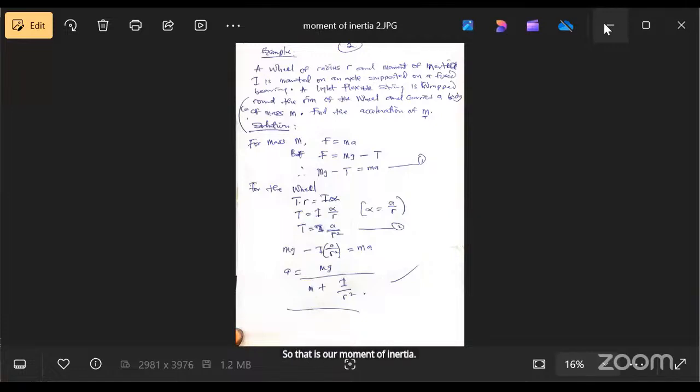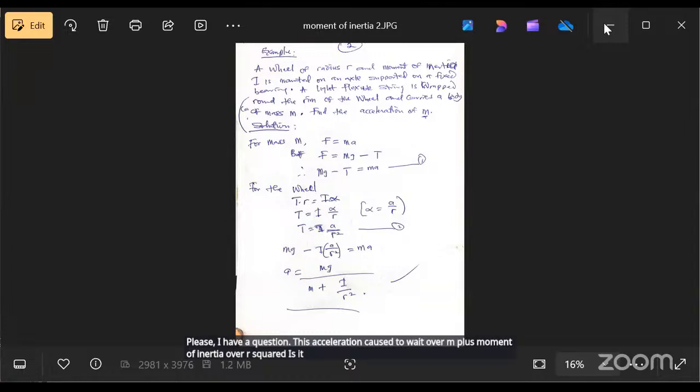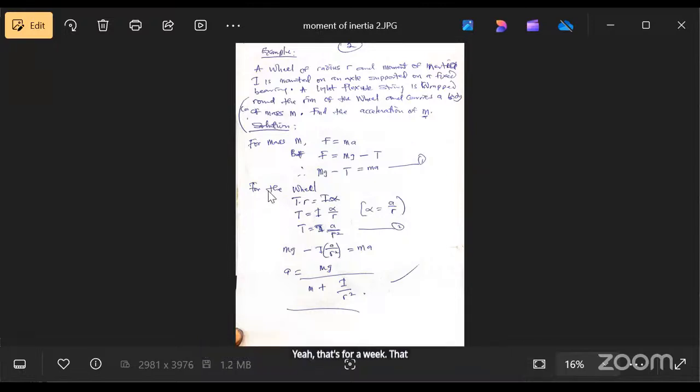Sir, please, I have a question. This acceleration equals weight over m plus moment of inertia over r squared. Is it a fixed formula for the acceleration of a mass attached to a wheel? Yeah, that is for a wheel.